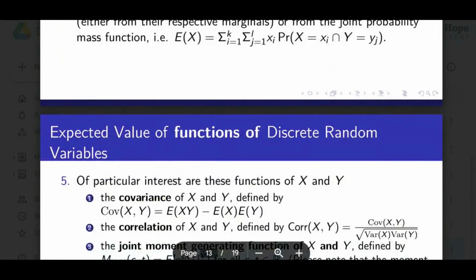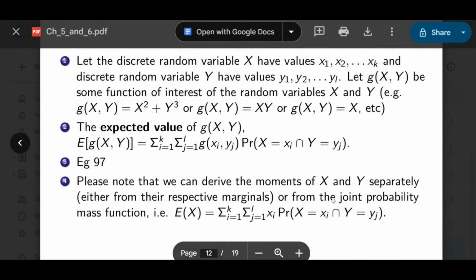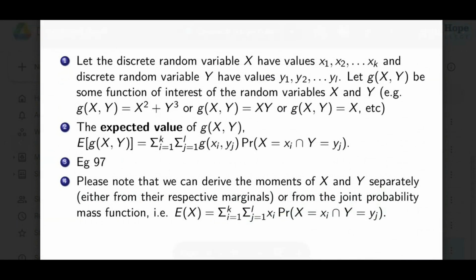I do have a note here. Maybe I'll just say this. If you ever need the expected value of a marginal x alone, this is also correct. Is it clear to the class why this has to be true? Sometimes students don't see it.